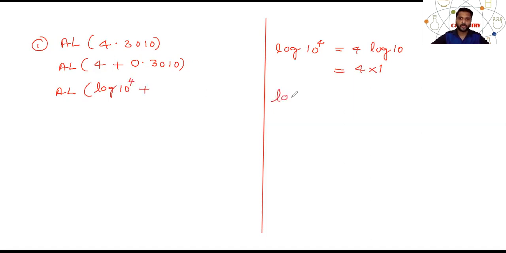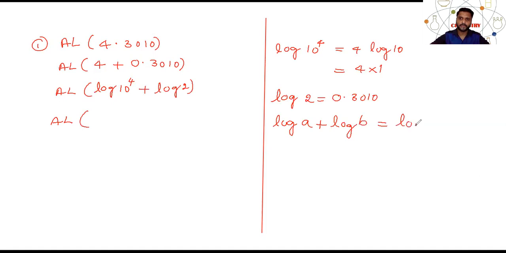We also have log 2 is equal to 0.3010. Therefore, I will write here log 2. So anti-log, log a plus log b is equal to log ab. So I can write this term within brackets log 2 into 10 to the power 4. Log anti-log get cancelled. Therefore, answer is equal to 2 into 10 to the power 4.